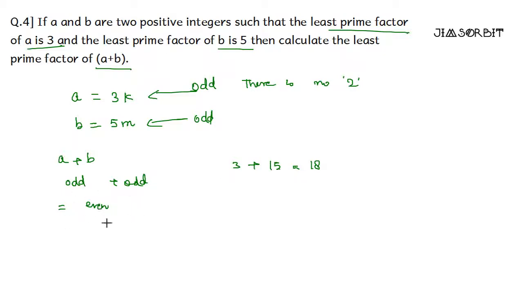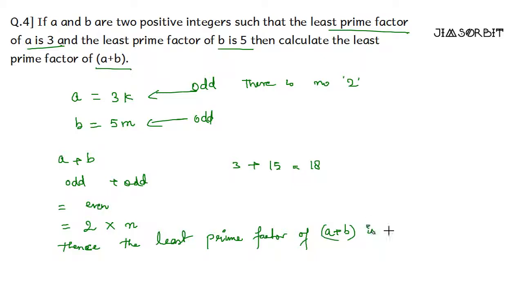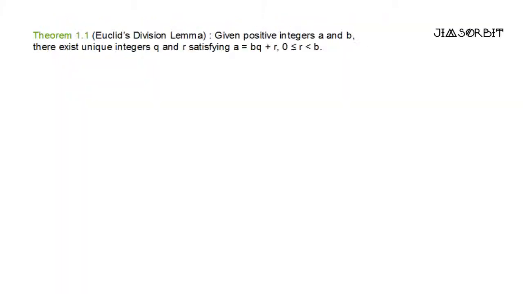So this is even, and we know whatever is even, it is 2 times a number, say n. Hence, the least prime factor of A plus B is 2. Okay, this is a tricky question, but it's simple. It's not that much tricky.